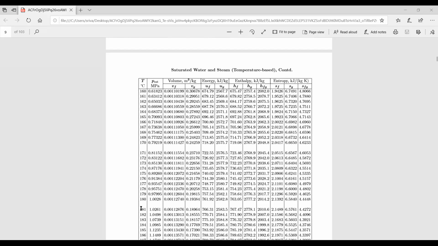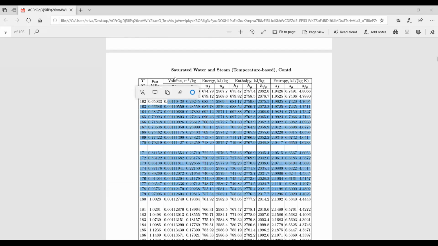At 180 degrees centigrade, I have a pressure of 1.0028 megapascals.